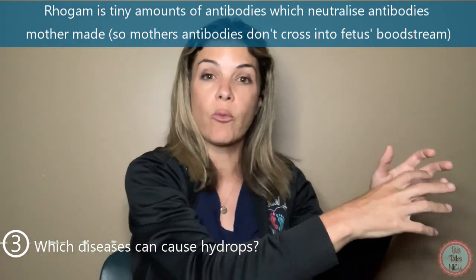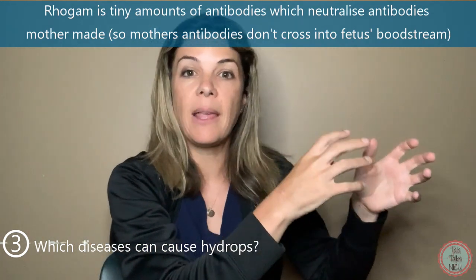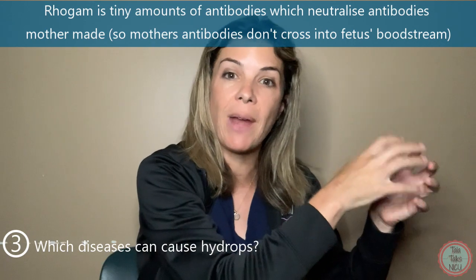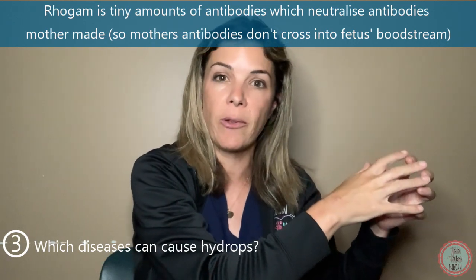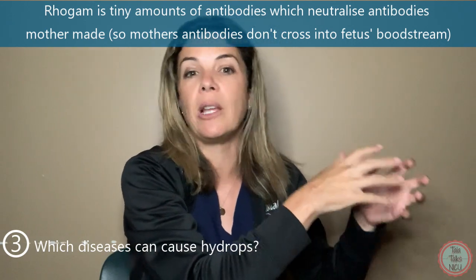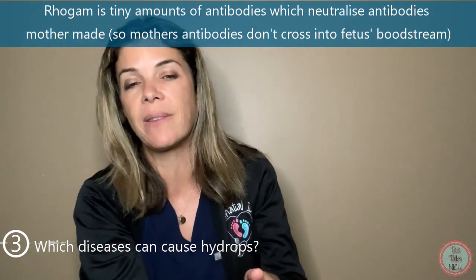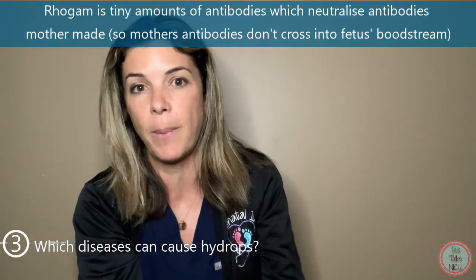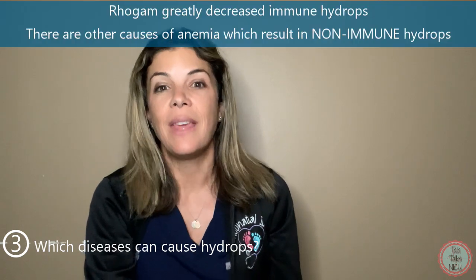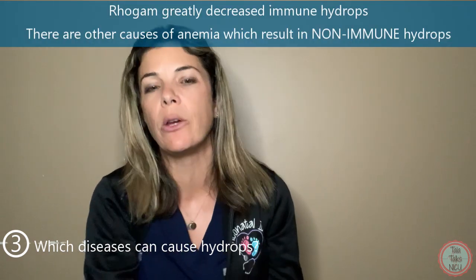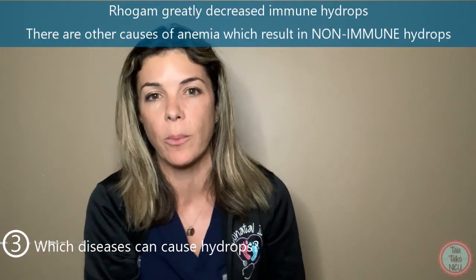So you give this RhoGAM, and what it does is the RhoGAM attaches directly to the antibodies that the mother has made. So those antibodies are no longer free to cross into the placenta and cause hemolysis for the babies. Like we said, this has resulted in a huge decrease in the cases of immune hydrops.